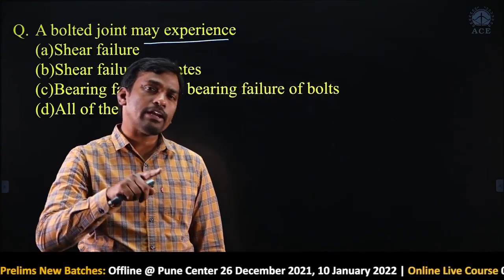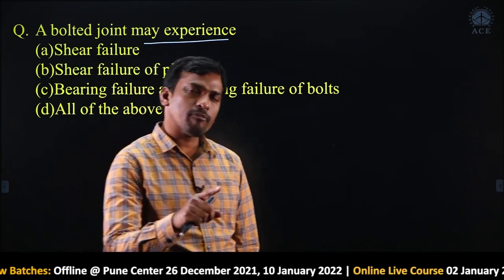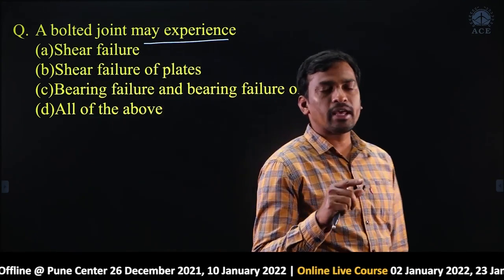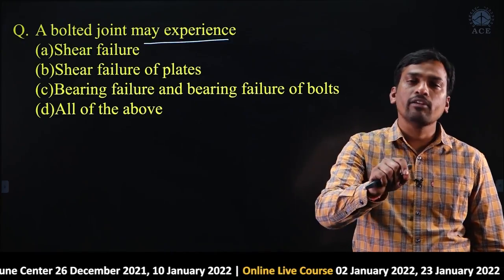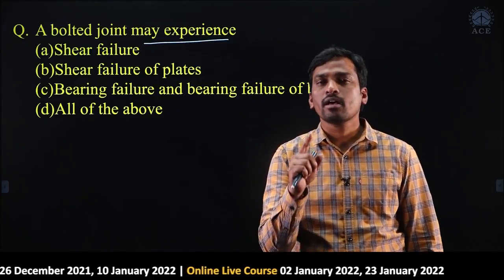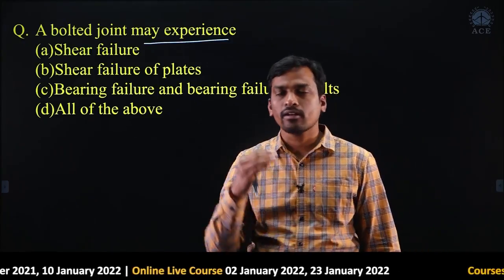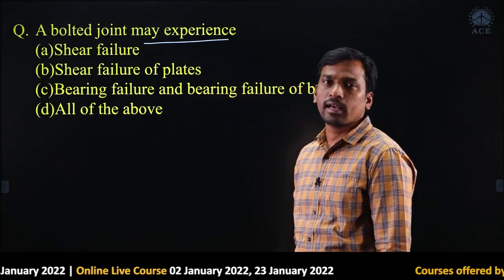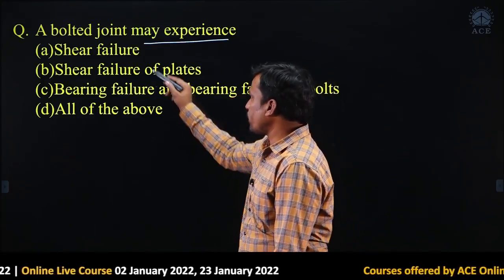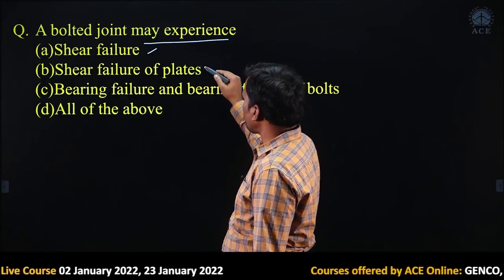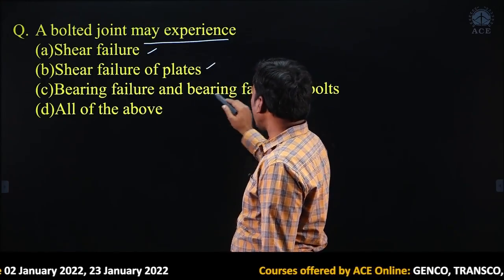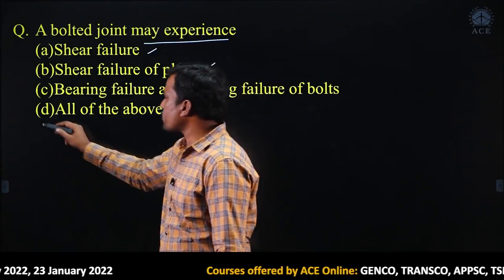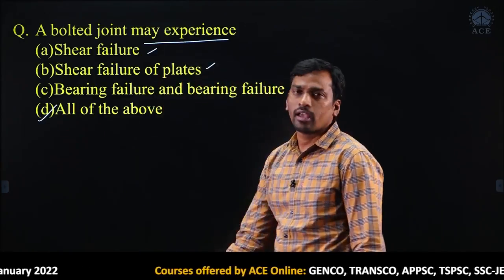Plate failures are shear failure of plate, bearing failure of plate, tension or tearing failure of plate, and one more, block shear failure of plate. These are the types of failures in the connection. Shear failure of plate is correct, bearing failure of bolt is correct, so option D, all of the above, is correct.